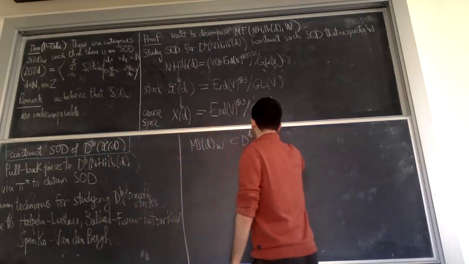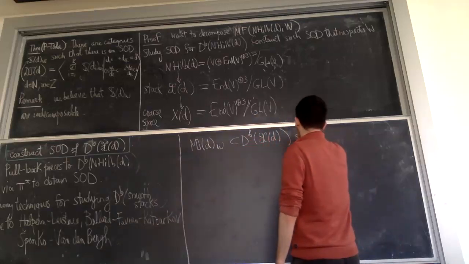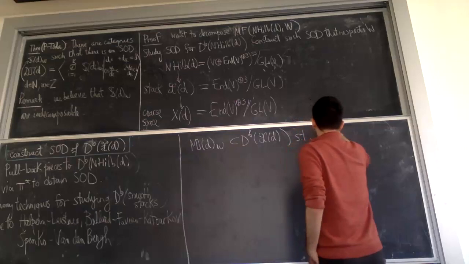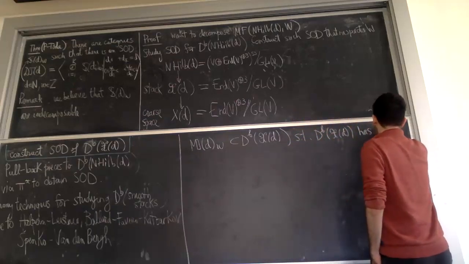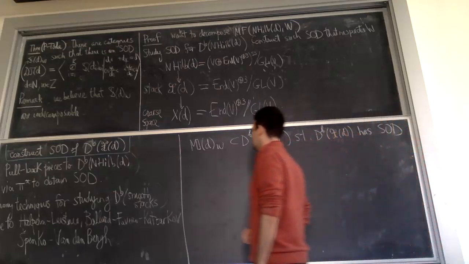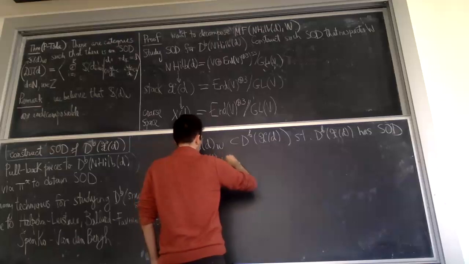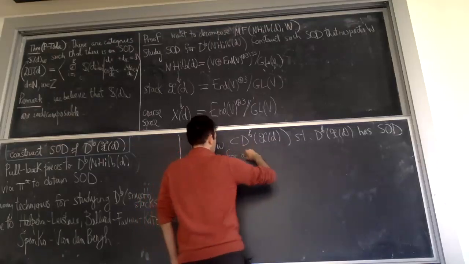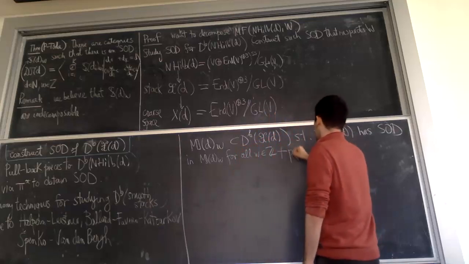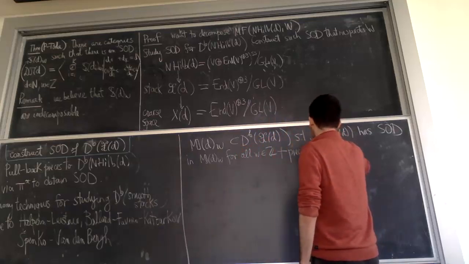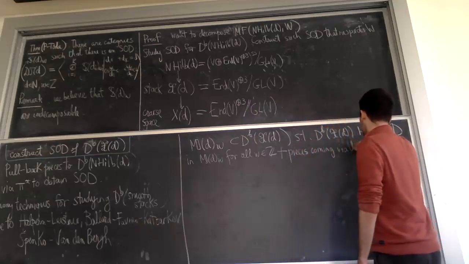There will be these pieces Db_w inside Db of X_D, such that Db of X_D has a semi-orthogonal decomposition in M_D^w for all integers w plus pieces coming via the whole product.